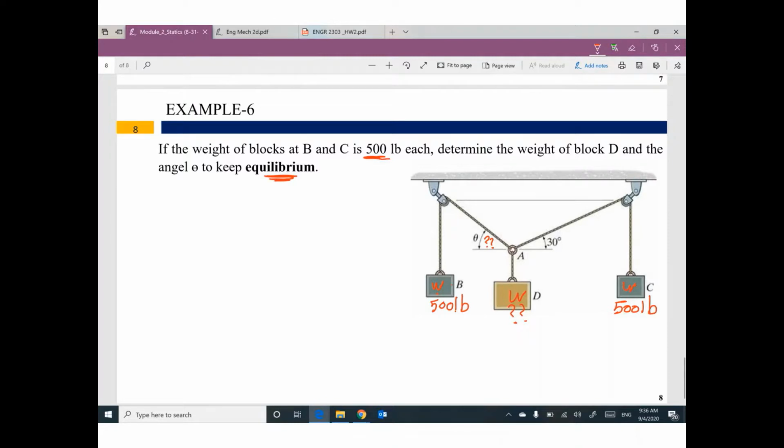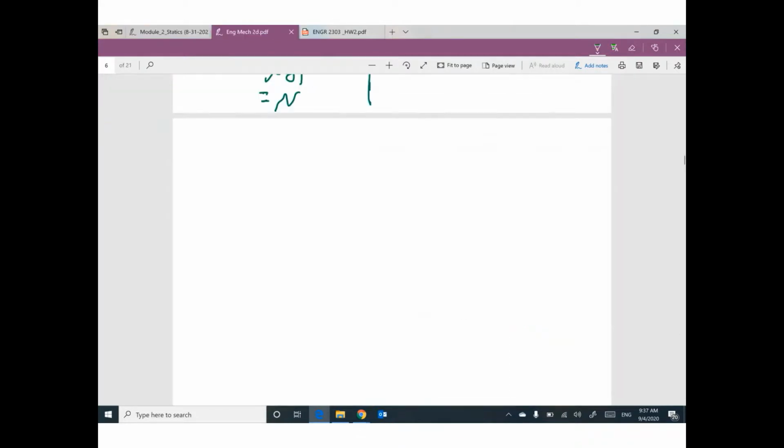Can you watch this connection, please? What is the name of this connection? It's called pulley. What does it mean? We have a pulley and we have a rope or cable around this pulley.